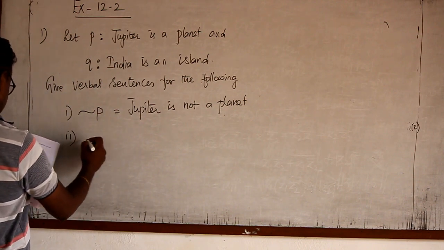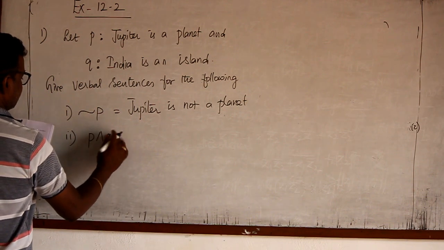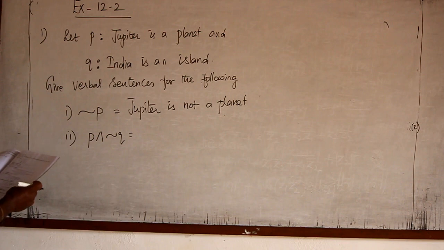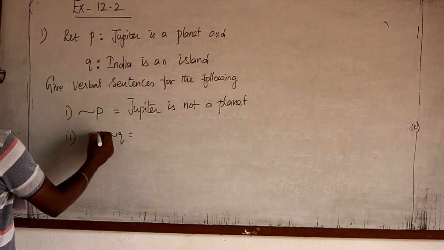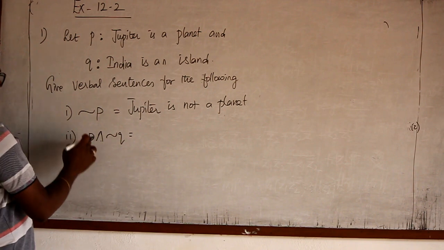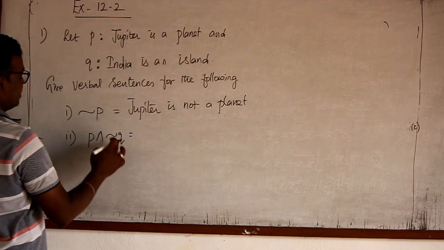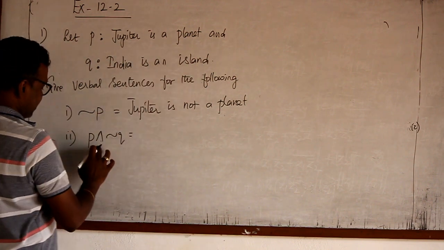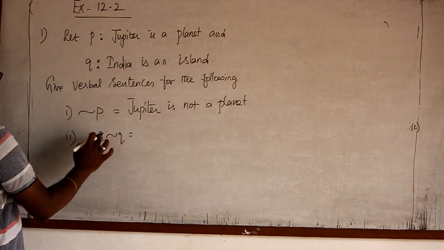Second one. P cap negation of Q. Cap means it is the and statement. So can you say in verbal, P means Jupiter is a planet. Negation of Q is India is not an island. I have to combine these two by stating the statement as and.